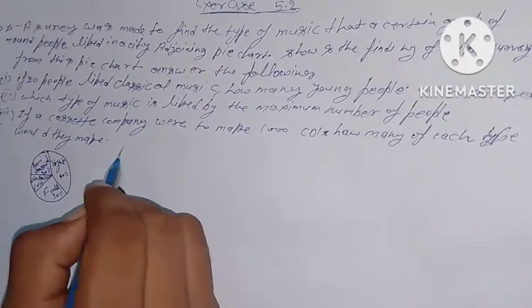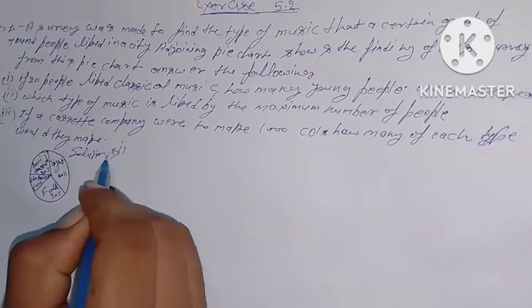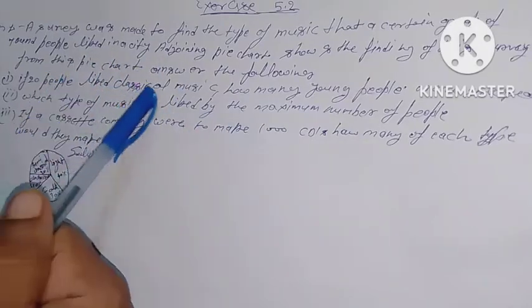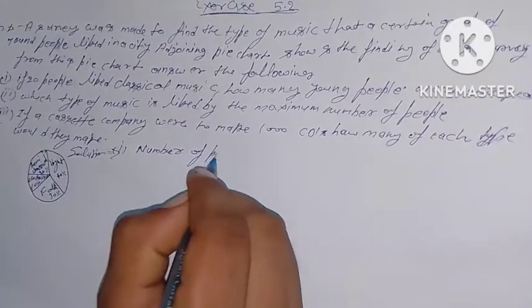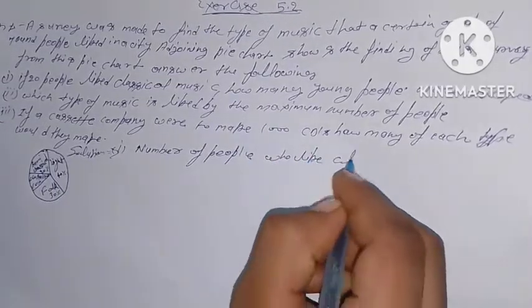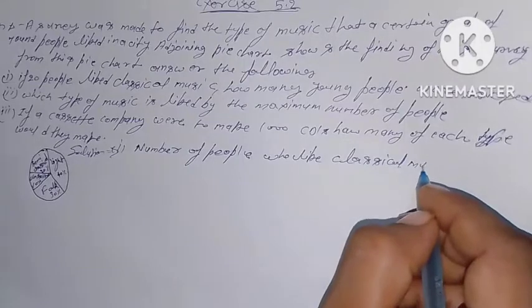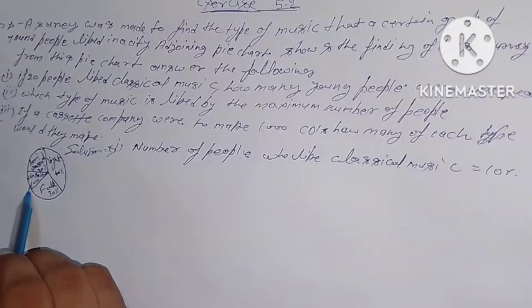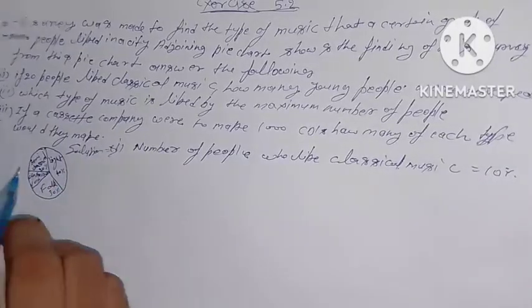First answer. Solution. The number of people who like classical music: classical music is 10% according to the pie chart.